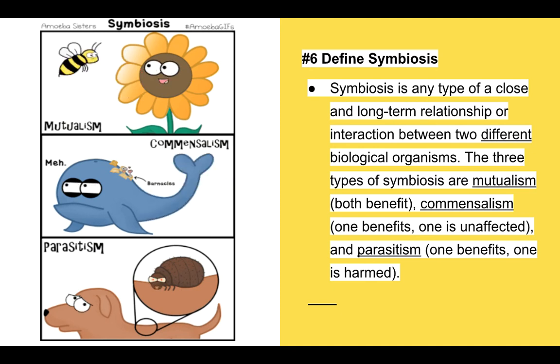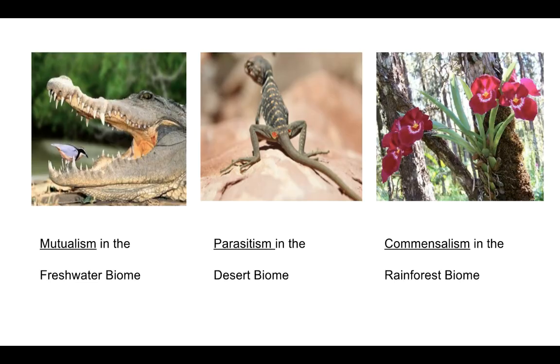Go ahead and do your self-assessment of success criteria number 6, define symbiosis. All right, number 7, the last success criteria that we have, list symbiotic relationships that occur in the biomes.